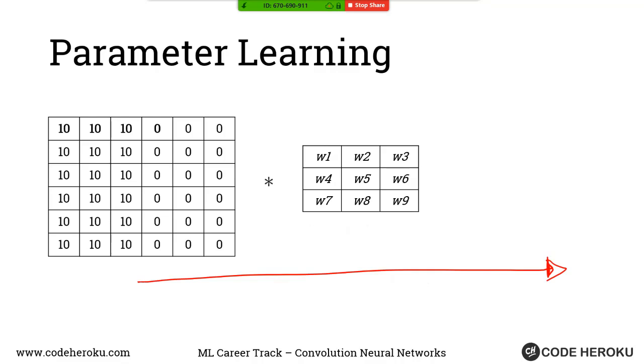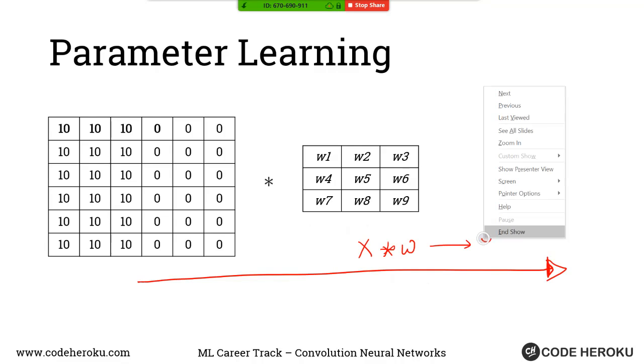Does that make sense? So you would have X, you convolve it with the W vector over here, and now you get some output, and then you compare it with what you actually wanted, and then you adjust your W accordingly.